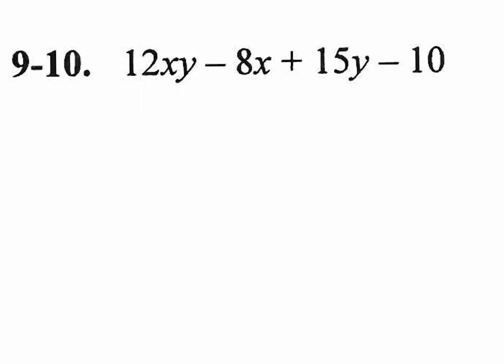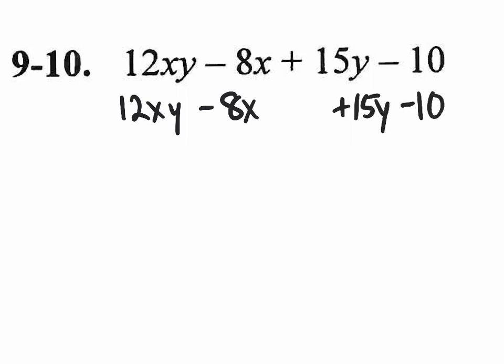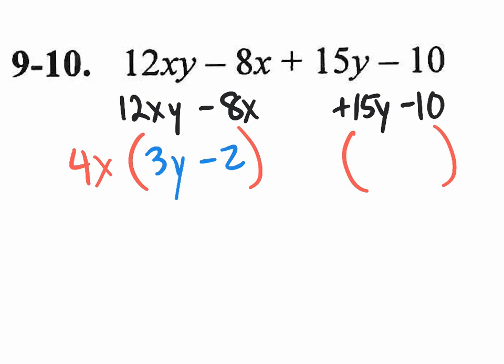Step 1 is to make 2 groups. Step 2 is to factor something out of the first group. What could we factor out? 4x. A 4 and an x. What's left over? 3y minus 2. How about the second group? What could I factor out? A regular 5.